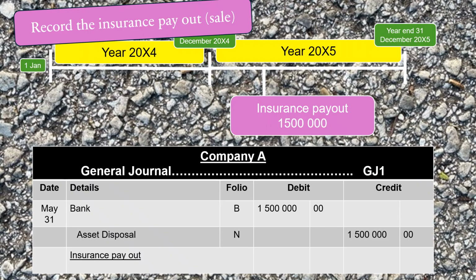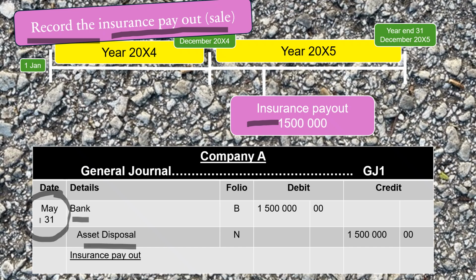Now, next step, record the sale. In this case here, it was an insurance payout, and they say we were paid out 1.5 million on the 31st of May. Now what I went and did was I recorded this in this journal here as May the 31st, because that's when we received the cash. Debit bank, credit asset disposal.